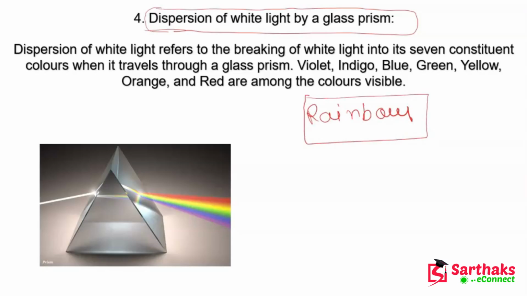So do you know why these rainbows are formed? To find out the answer to this question, we should again study this prism. This prism shows an exciting phenomenon, and this phenomenon is to be studied here on this slide.